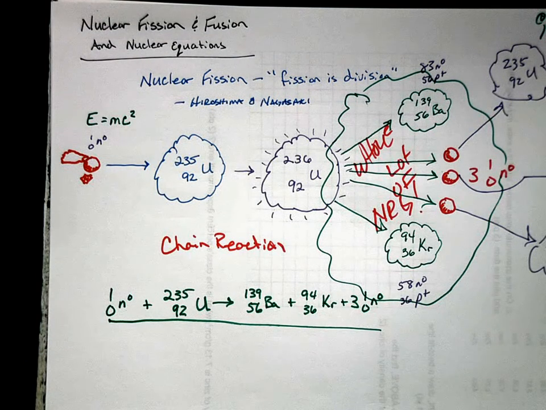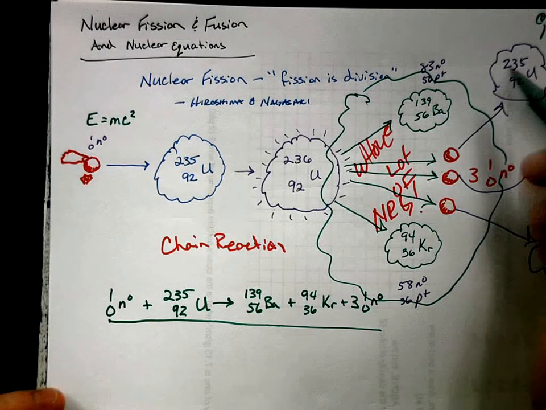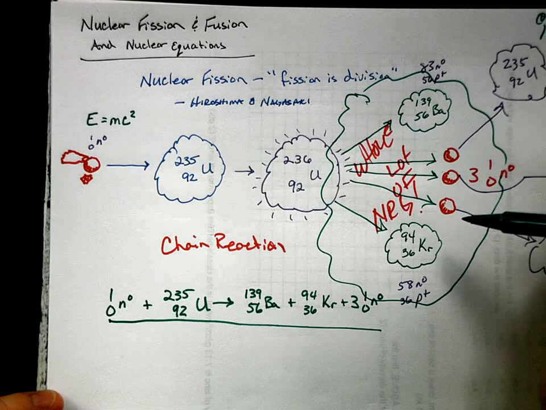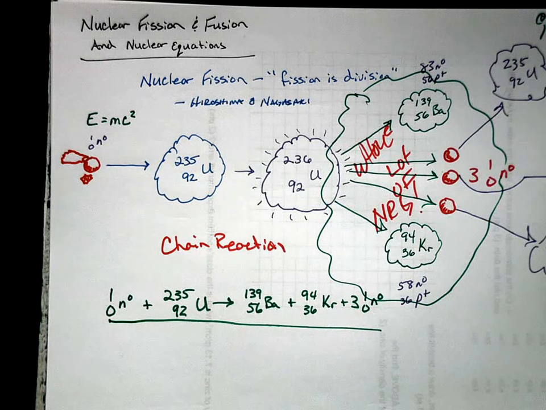They could turn into cesium and rubidium. Really, any pairing between atomic number 30 and atomic number 62, as long as the atomic numbers add up to 92, could take place.